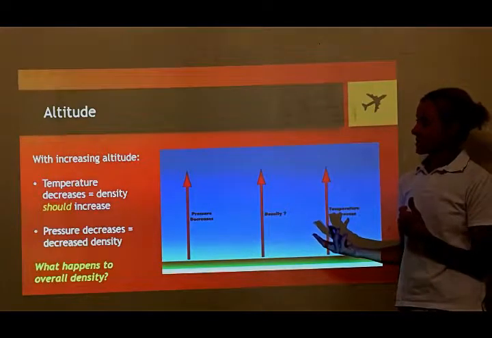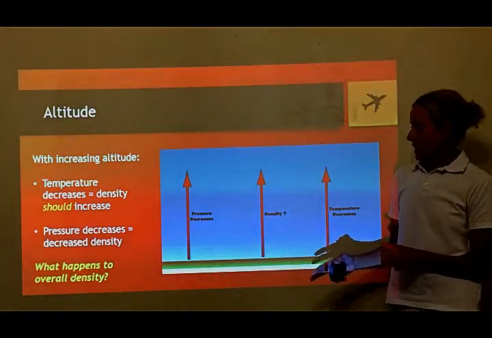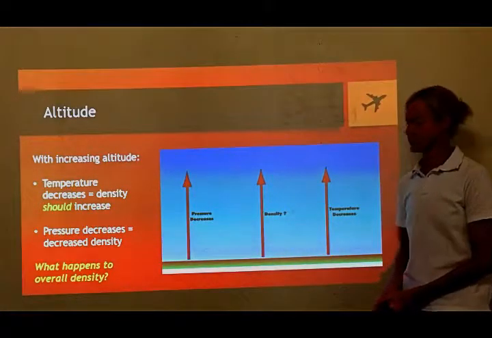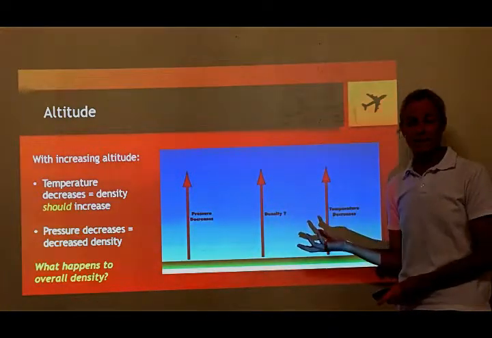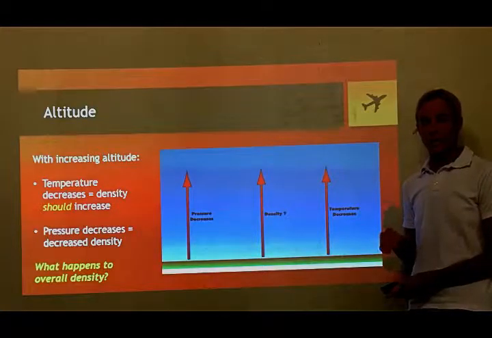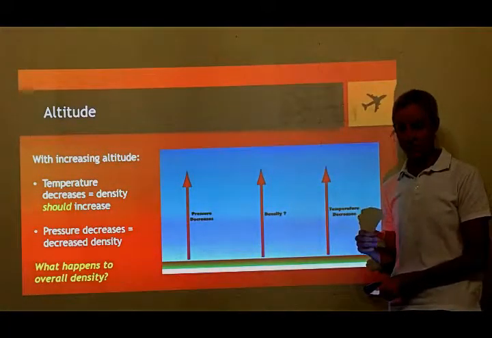Then we've mentioned altitude already. As we know, the higher up we go in altitude, the pressure is decreasing. But on our last slide on temperature, we saw that as the temperature gets colder, the density should increase.